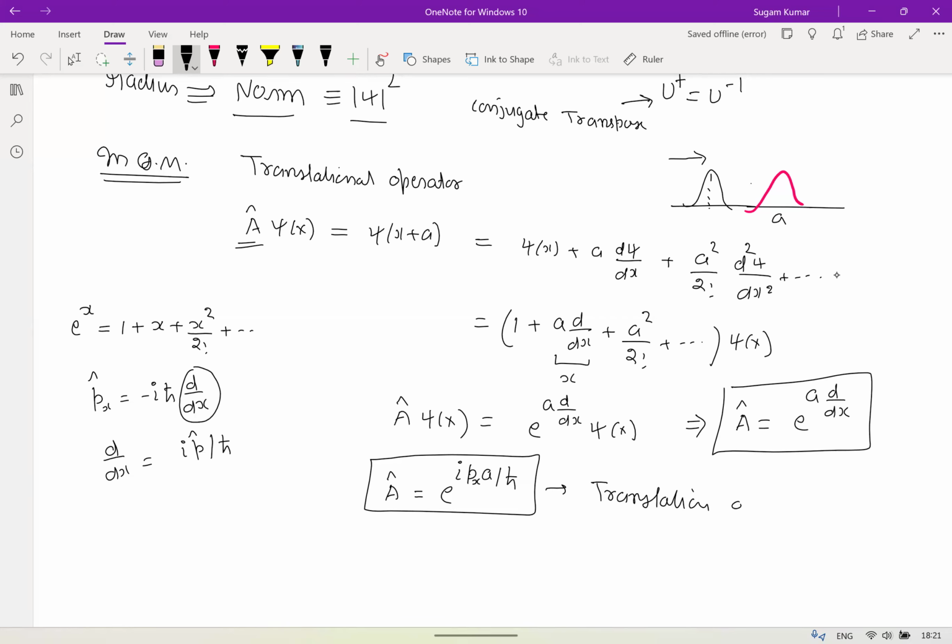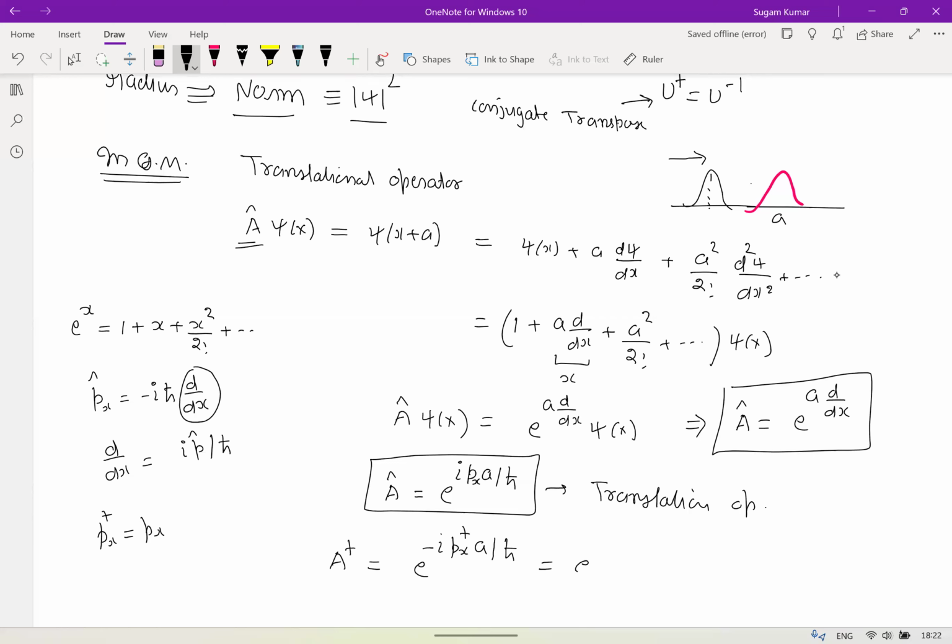And I can prove that if I take A dagger, this becomes e to the power minus i px dagger, and a is some number so it will remain as such, upon h-cut. You know that px is a Hermitian operator, so px dagger is px only.